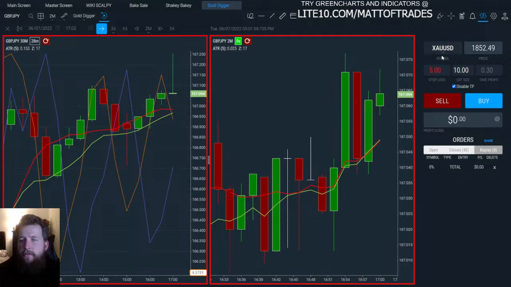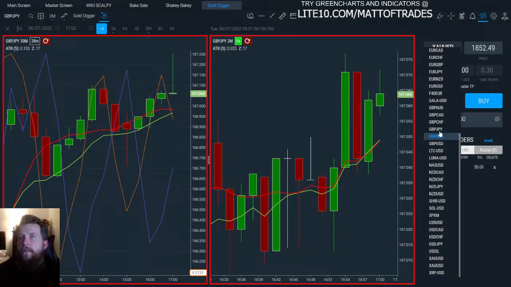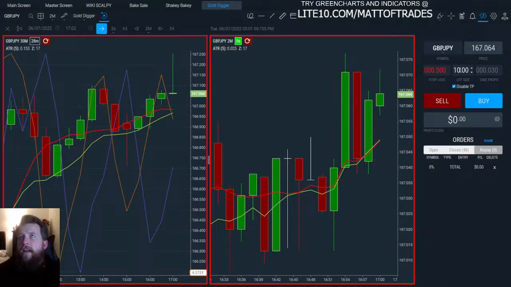Okay, change that. Pound yen, GBP JPY. Adjust our lot size. I believe this to be 14 point. Want each point to equal $10 for 4.46. There we go. That's what I'm looking for. Okay, well let's just do that again.